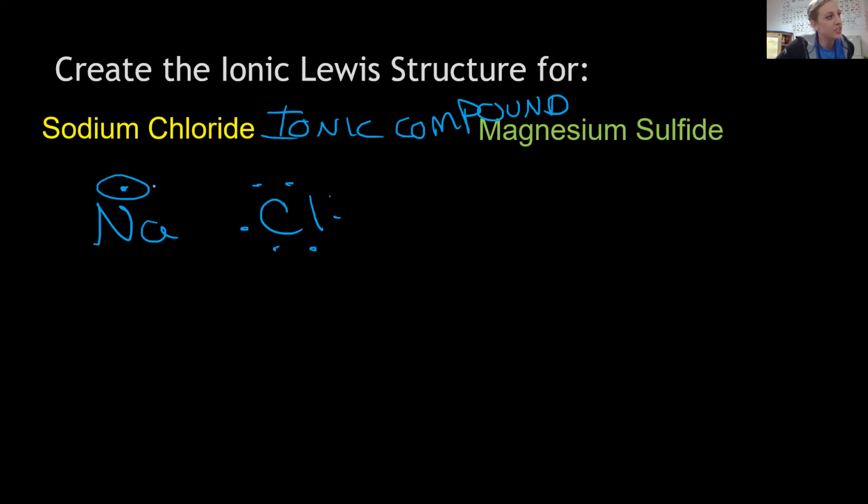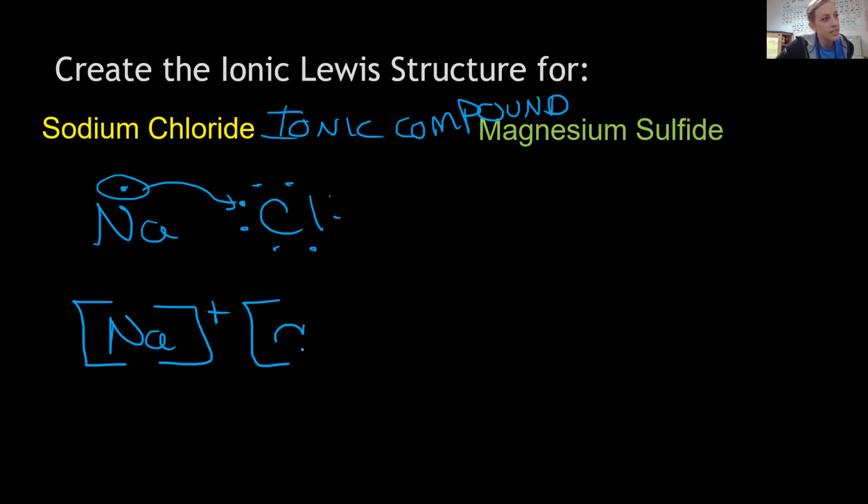So this electron is actually going to jump ship and end up here. That's why we say sodium lost an electron and it's positive, and chlorine gained an electron and it's negative. The electron that was lost here is the one that's gained on chlorine. It's a complete transfer of electrons.